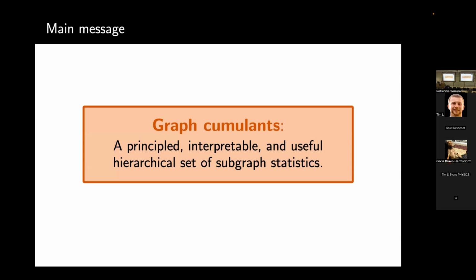So, in the big picture, we got these nice, principled, intuitive sets of subgraph statistics. And you could ask, where are you going to use these? You have big deep networks doing things, so is intelligent feature engineering still useful?